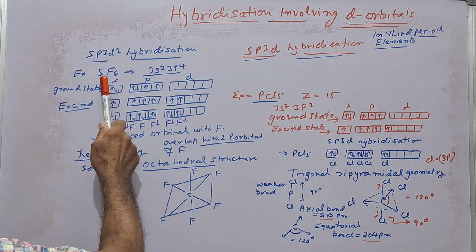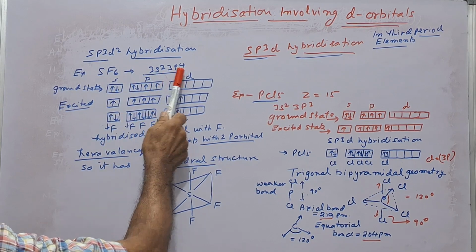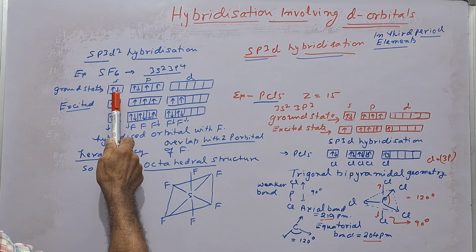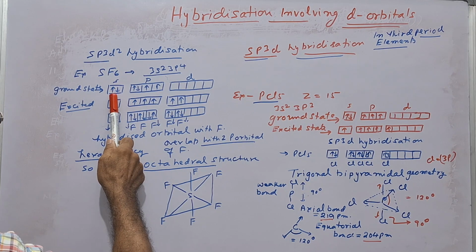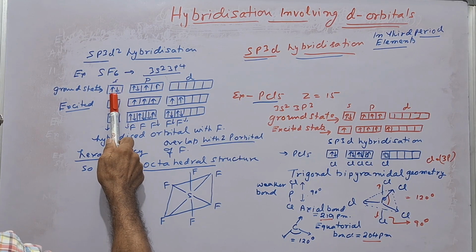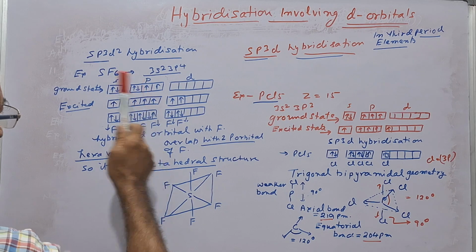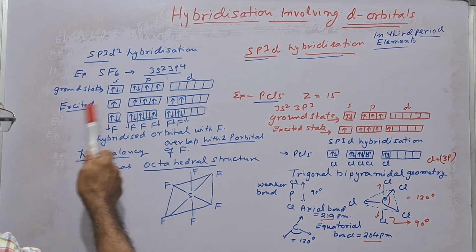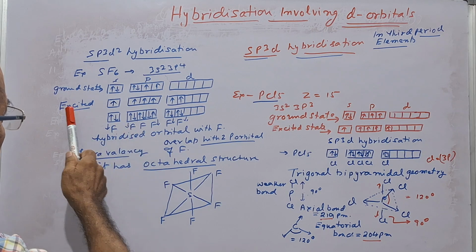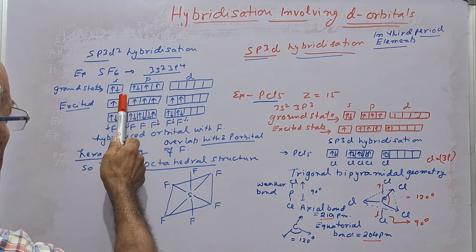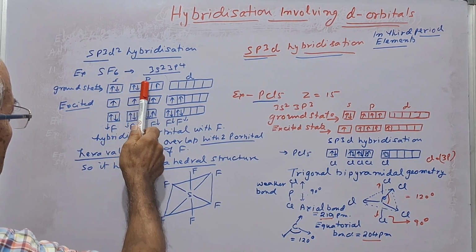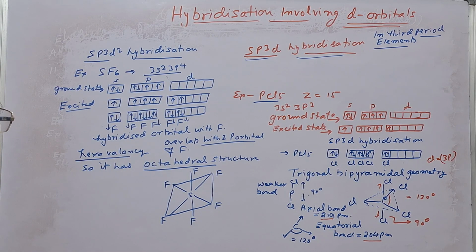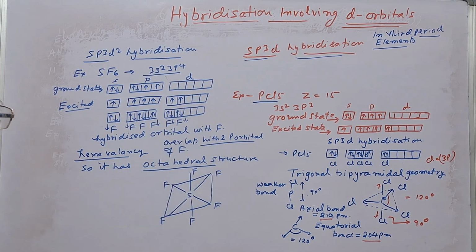If we see the ground state configuration of S, it contains 2 electrons in s and 4 in p. In the excited state, one electron from the s and one electron from the p are promoted to the d orbital.